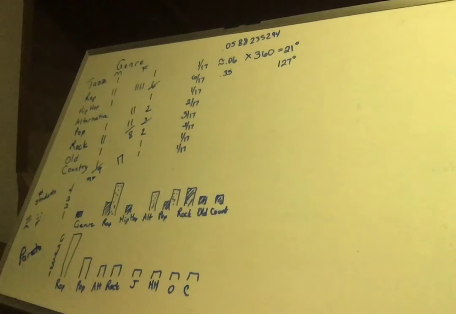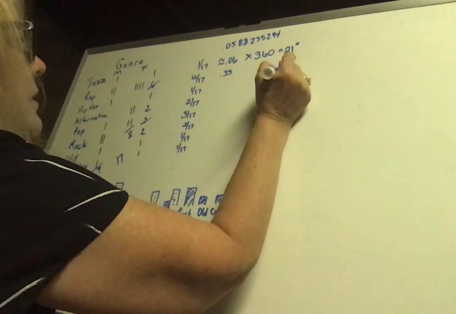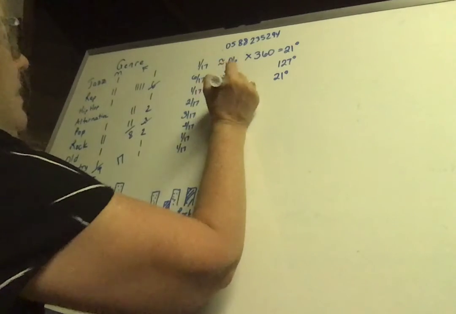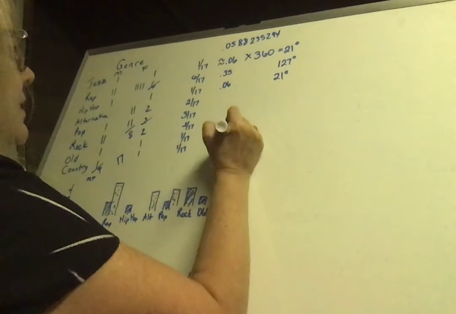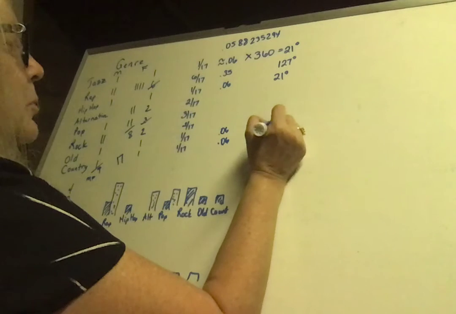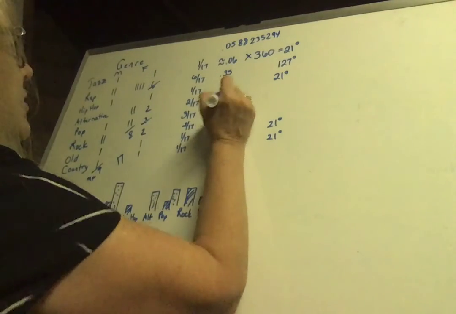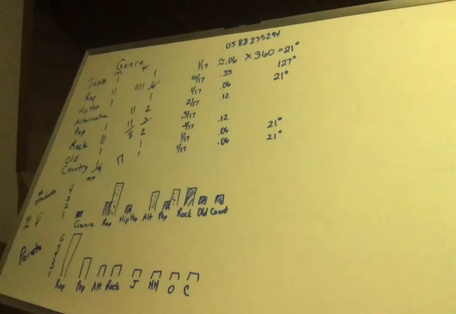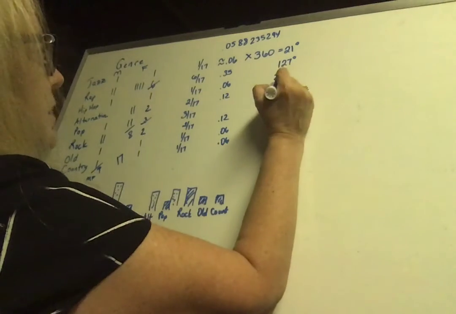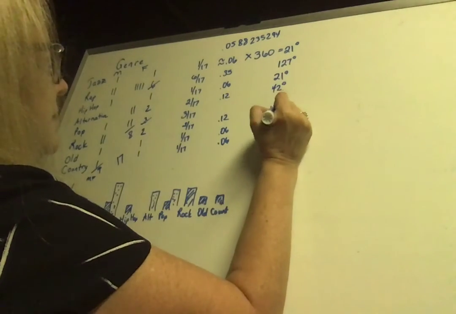And the next ones are the same 21 degrees every time. 2 out of 17 is about 12%, so it comes out double the 21, 42 degrees.